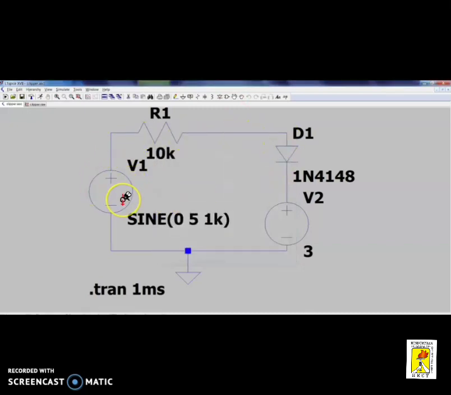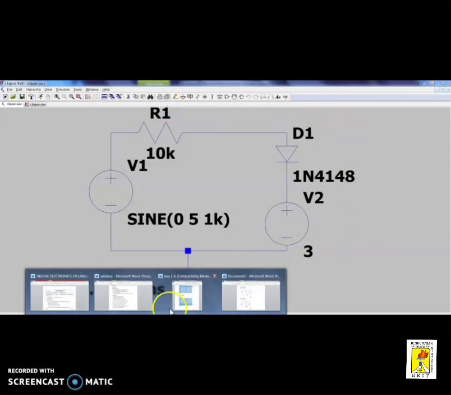I need a voltage source to generate a sinusoidal voltage, which I have generated with an amplitude of 5 and a frequency of 1 kilohertz. Then we use a current limiting resistor and a diode, and another supply voltage, which I have set as 3 volt. This is the bias voltage, and this circuit is a typical positive clipper with biasing voltage.